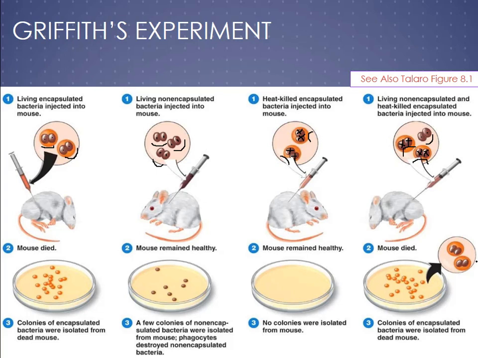And when Griffith isolates the organisms from the mouse, he now finds living organisms that are expressing a capsule gene. So they have the capsule gene, they are expressing it, they have a capsule. And so this proves that organisms can take up naked DNA from the environment.